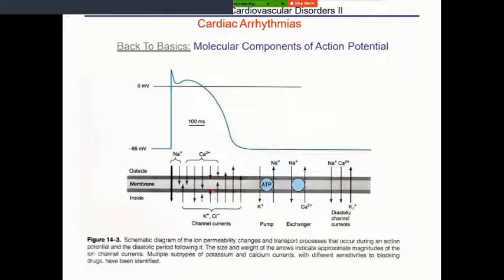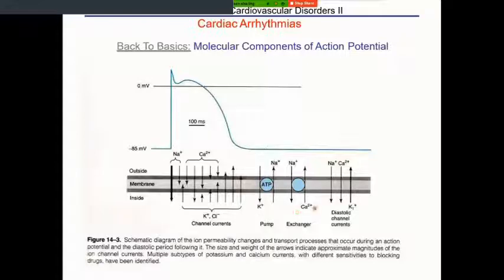The exchange of ions is facilitated by your various pumps, your sodium potassium pump, which actively, through ATP, promotes extrusion of sodium to the outside of the cell and the reuptake of potassium to the inside of the cell.